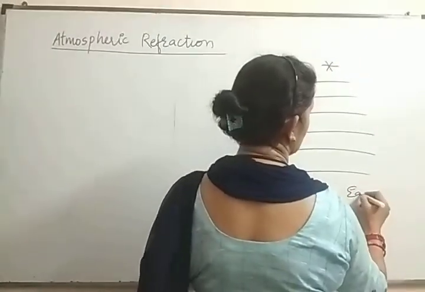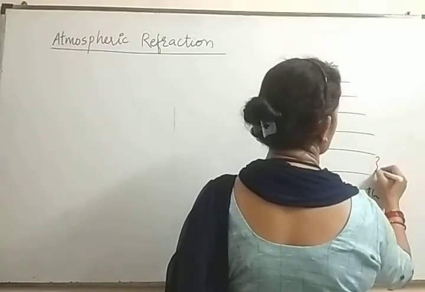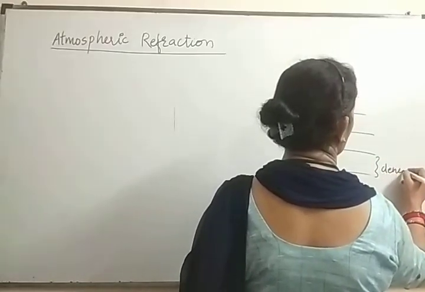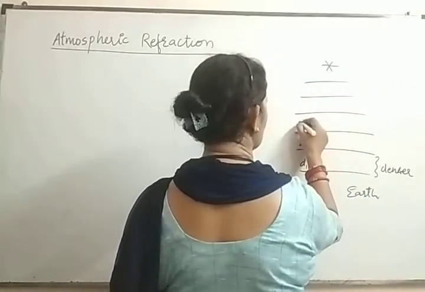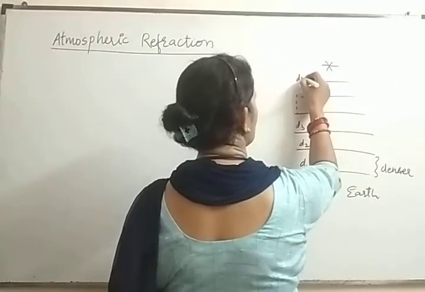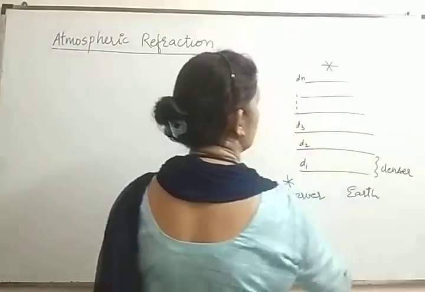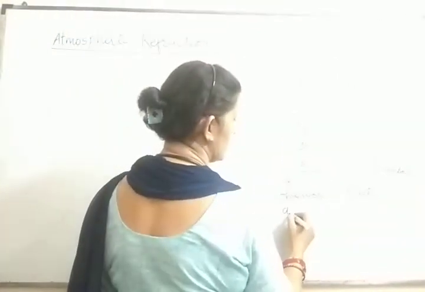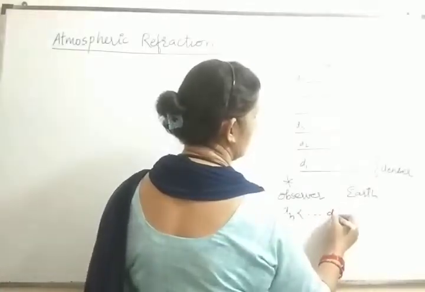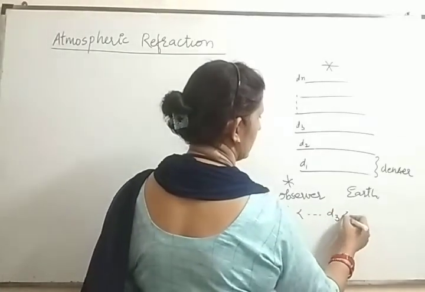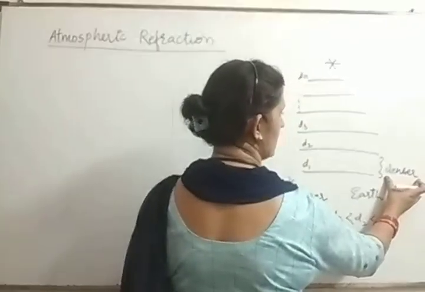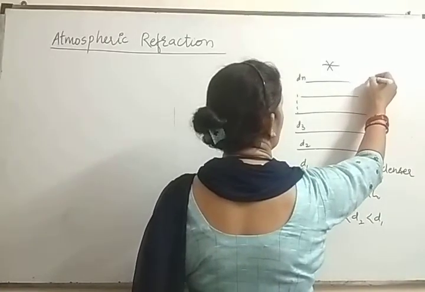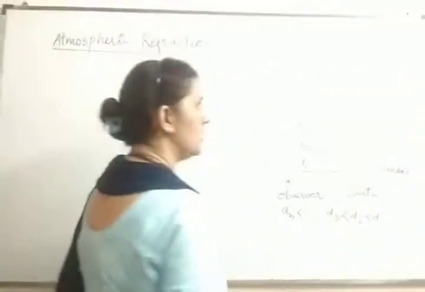Near the earth's surface, the layer is denser, having density d1, d2, d3 and up to dn. The uppermost layer has the lowest density. This is less than the density of this layer, and this is less than this layer. It means this is the densest layer and this is the rarest layer.